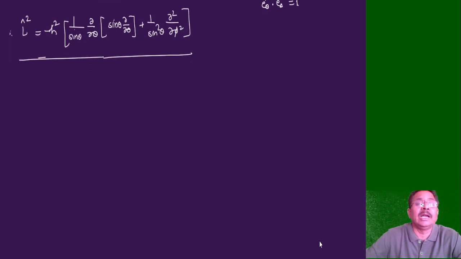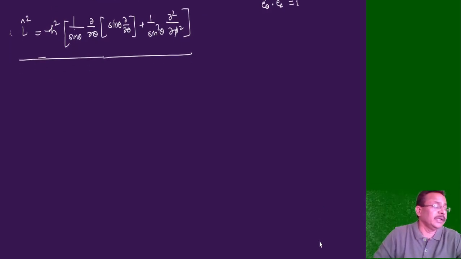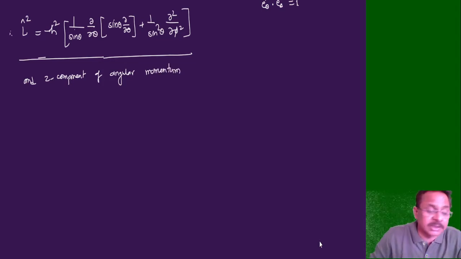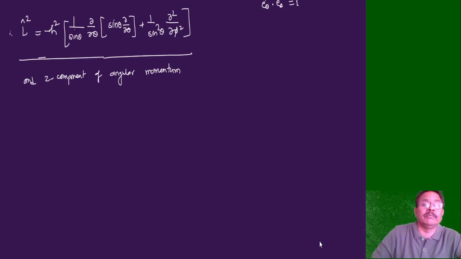And one more very important operator in quantum mechanics is Lz, the z component of the angular momentum operator. We are going to write this operator now in the Cartesian coordinate system, and then express it in the spherical polar coordinate system.